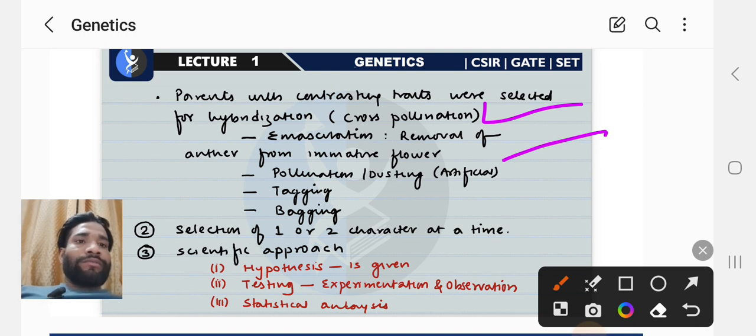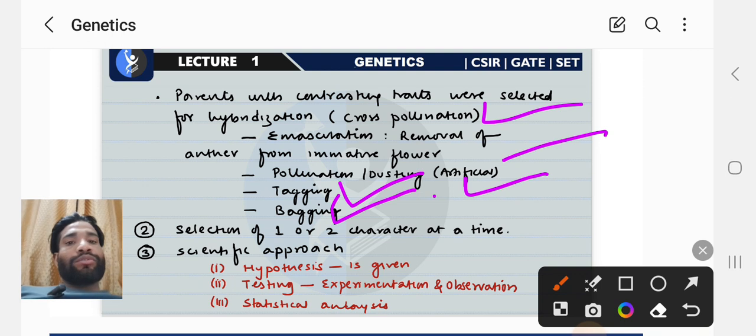The second step is pollination, which is the artificial dusting. The third is tagging and bagging. तो टैगिंग में क्या किया जाता है कि उसके ऊपर टैग लगा दिया जाता है, ये मेल है फीमेल है, बैगिंग में फिर उसको ढक दिया जाता है.